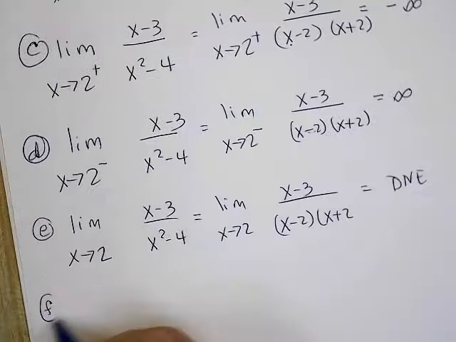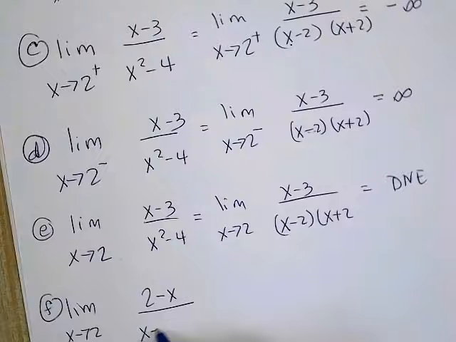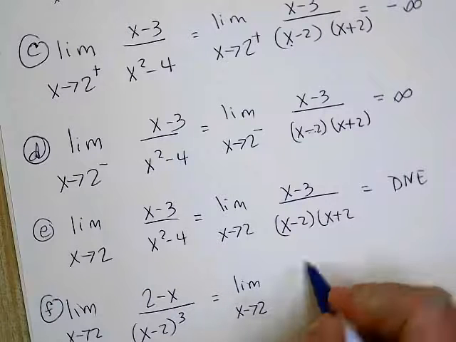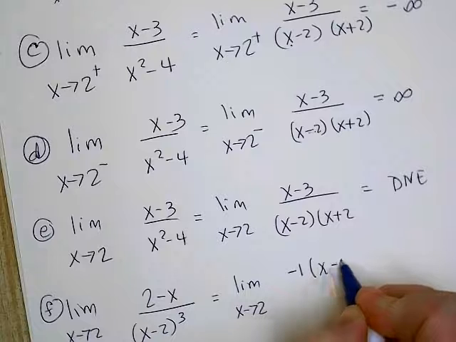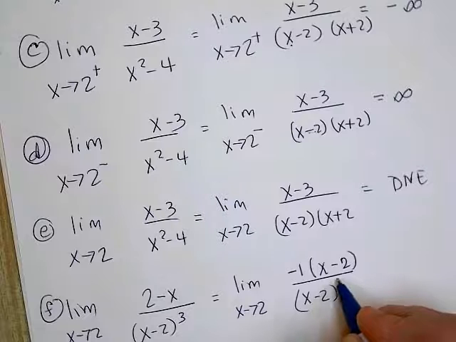Part F, limit as x approaches 2 of (2 minus x) over (x minus 2) cubed. Okay, I'm going to rewrite this as the limit as x approaches 2 of negative 1 times (x minus 2) over (x minus 2) cubed. Now I can take this and one of those.